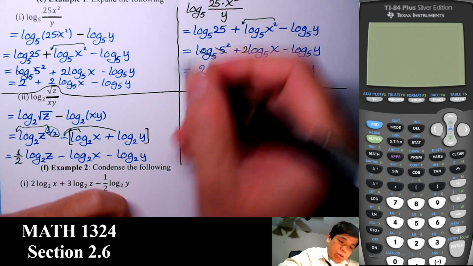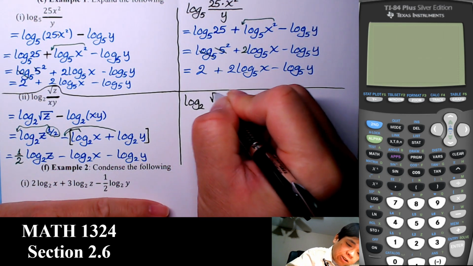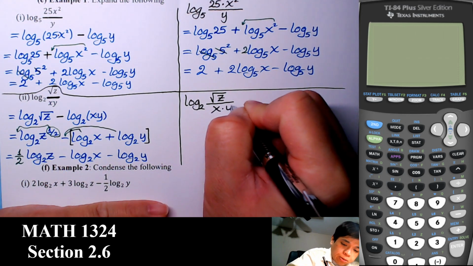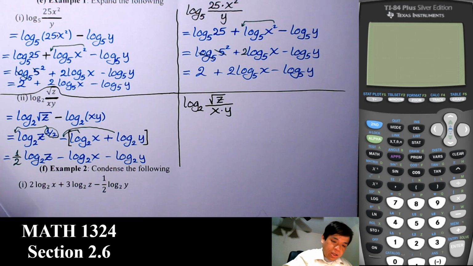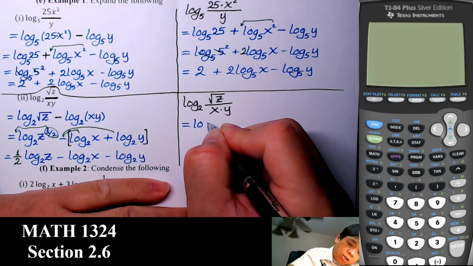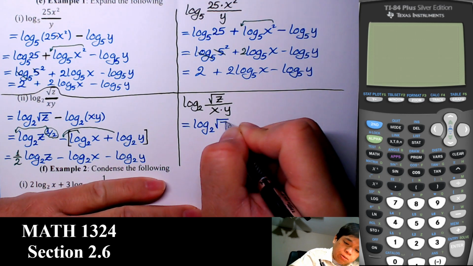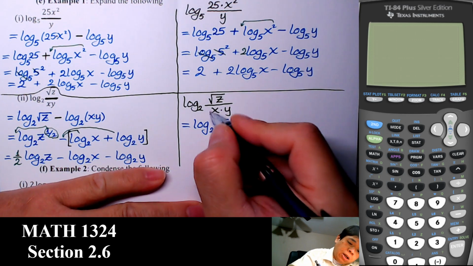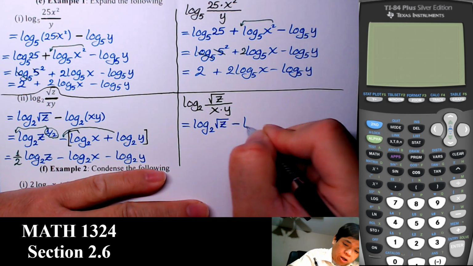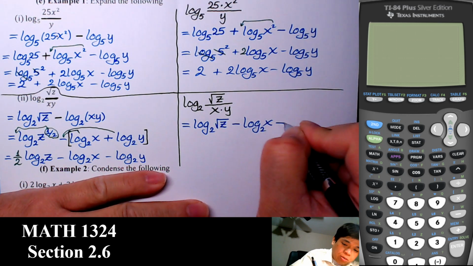Or if we do it a little bit shortcut here, we see that the square root of z on the top, it will be positive. The bottom, the x, we stay the bottom, we have the negative. And the y is also the bottom, so also negative.